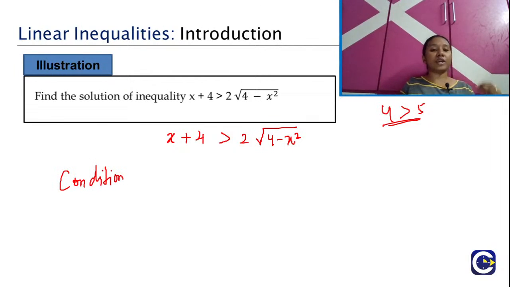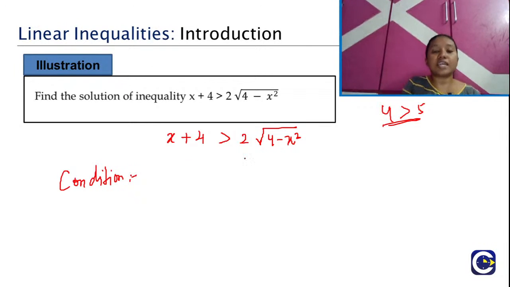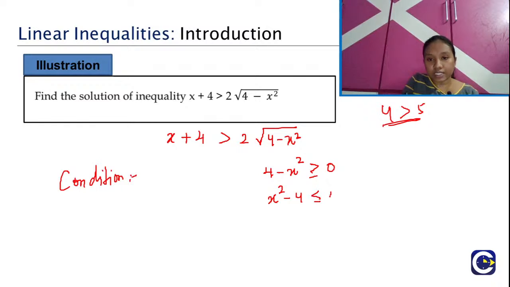Whatever the square root expression is, it will be greater than or equal to 0. That means 4 minus x square is greater than or equal to 0. If I multiply by minus, this becomes x square minus 4 less than or equal to 0.